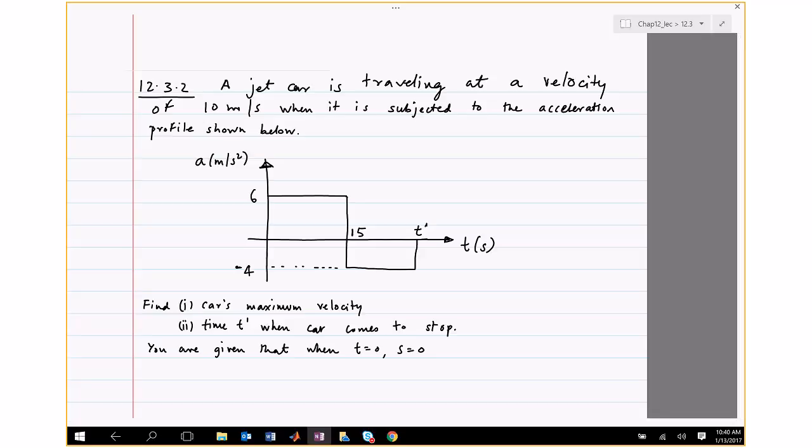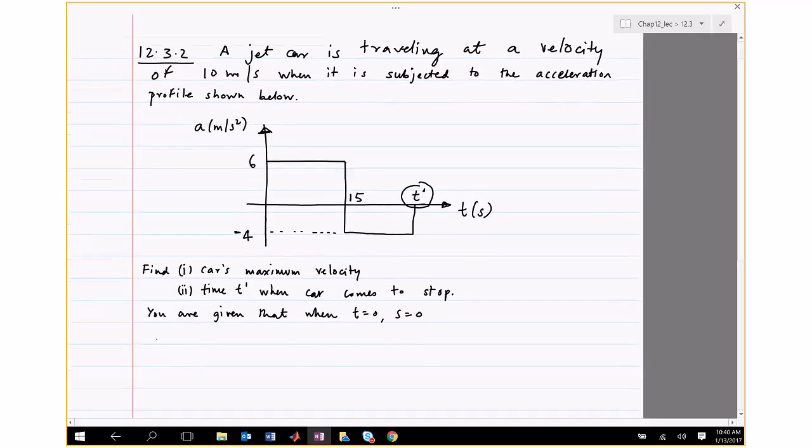You're going to find the maximum velocity of the car, and you're going to find this time here, t prime, and you're given that at t prime the velocity of the jet car is 0. Let's solve it one at a time. We'll first solve for the maximum velocity, and then the second part.